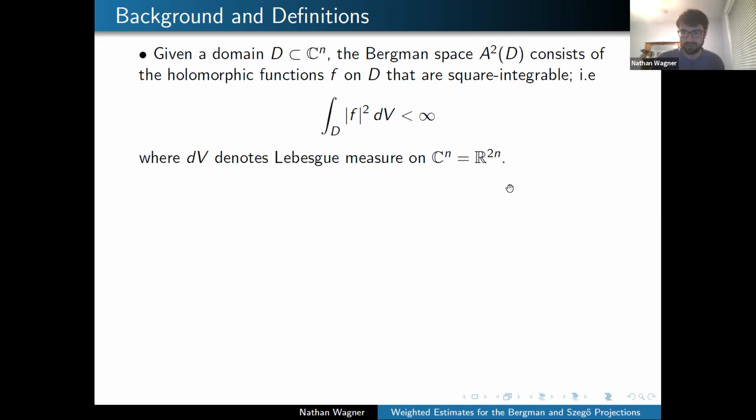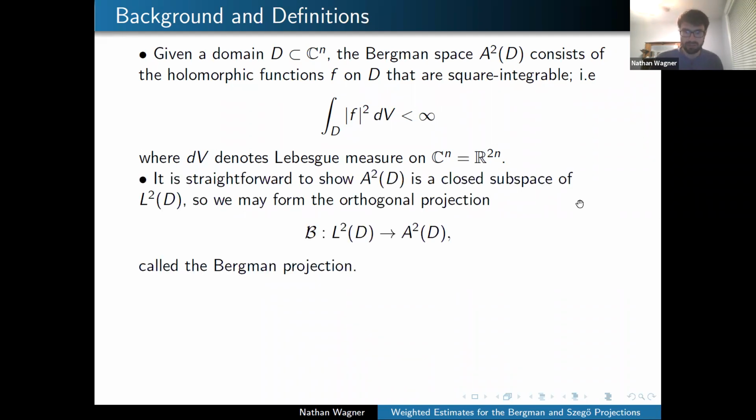So this following integral is finite, and dV here is just Lebesgue measure on C^n identified with R^2n. And of course, if you raise this integral to the 1/2 power, you get the L2 norm. And then in that norm, it's straightforward to show, using the mean value property for holomorphic functions, that A2 is a closed subspace of L2.